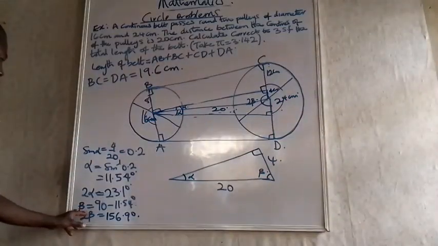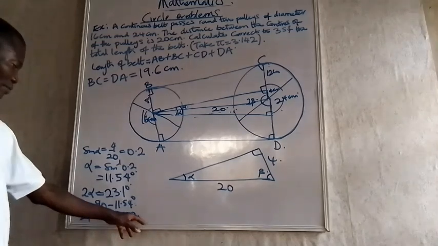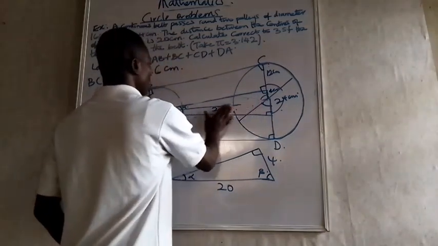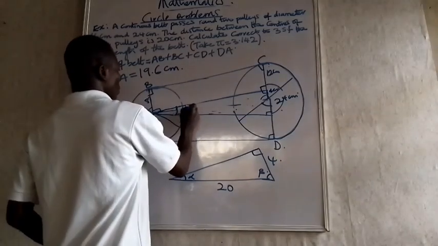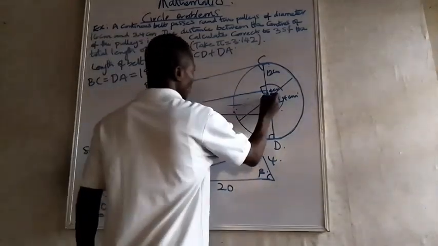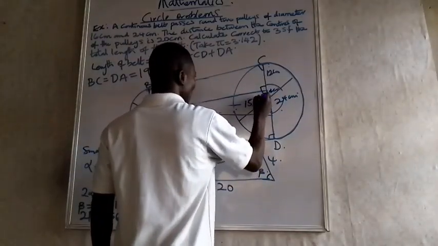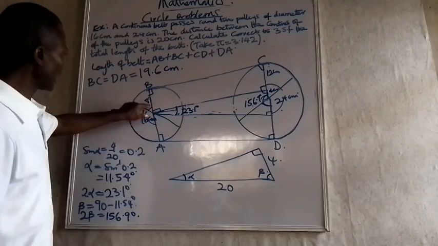From here I was able to get beta, that is 90 minus this one. So 2 beta is this. Now let's break it down for ease. So this angle is 23.1 degrees. This one is 156.9.